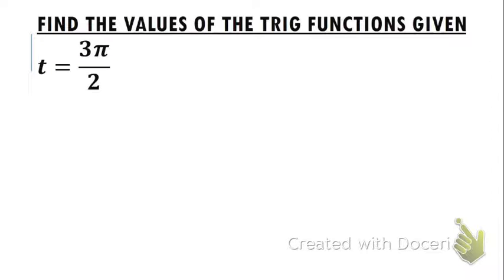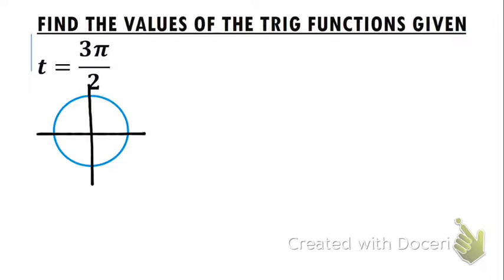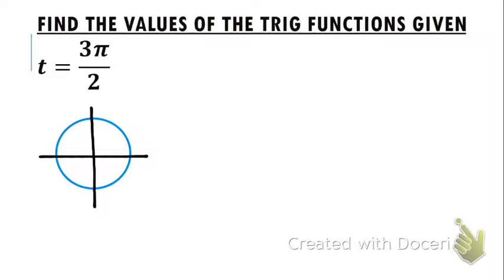Is this on my unit circle? Where is it at? Bottom, right here. What did you say the ordered pair was? 0, -1. So what's my sine? -1.